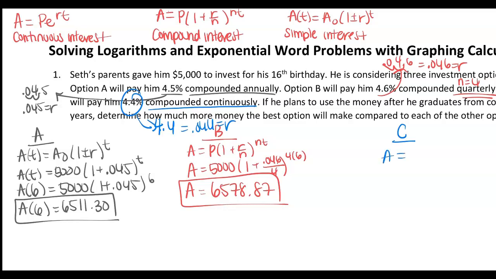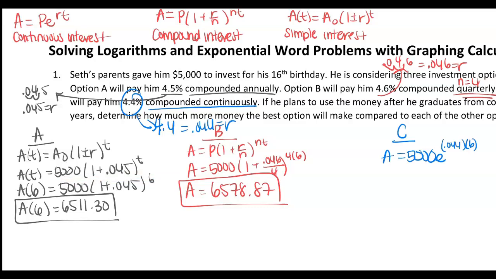So in this problem, I'm going to have A equals P, which is the principal. That's 5,000, not 1. We're going to use e to the rt power. r is the 0.044, and t is the 6. That's the time. And I could have written these like I did here with just leaving the time as it is, just to show you what it looks like, but I got kind of lazy.